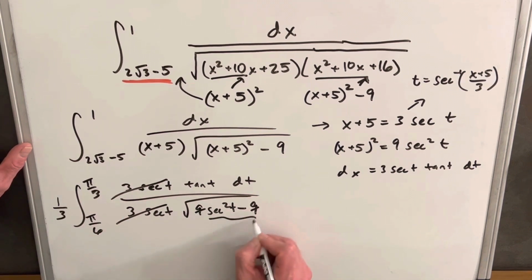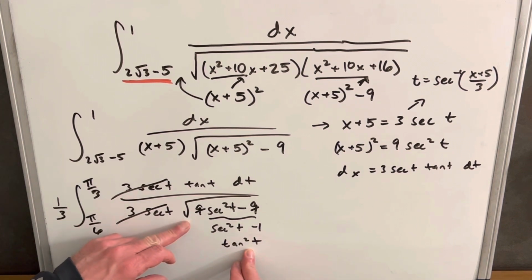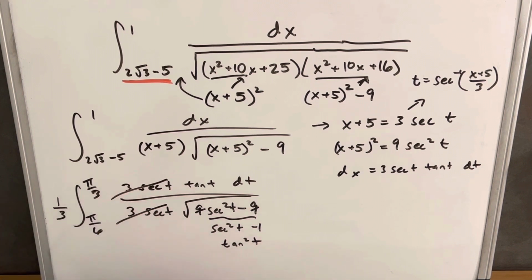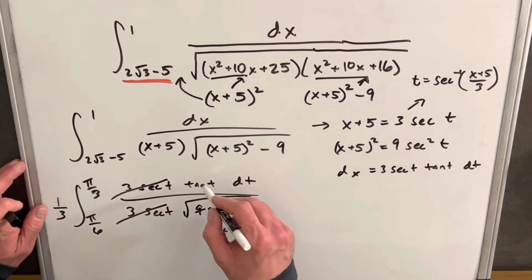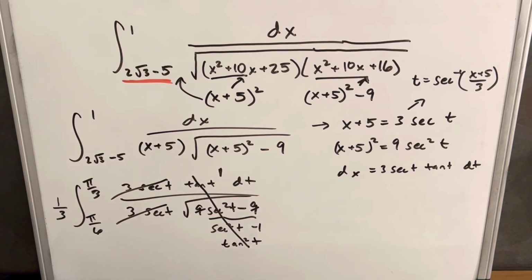Now we're just looking at secant squared t minus 1. But notice we have an identity that this is the same thing as tan squared t. Then we have tan squared inside a square root, so that's just going to be tan t, which cancels with this term in the numerator. We're just going to have 1. Tangent will always be positive within these bounds in the first quadrant, so we don't have to worry about the absolute value there.